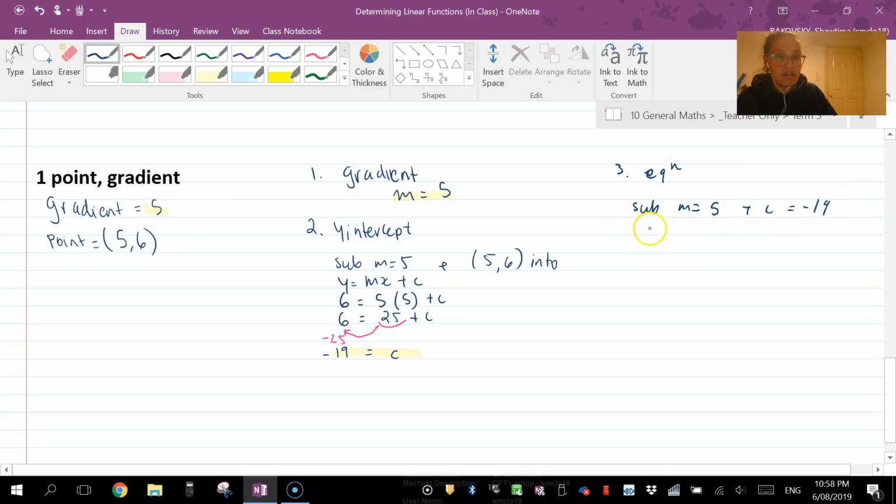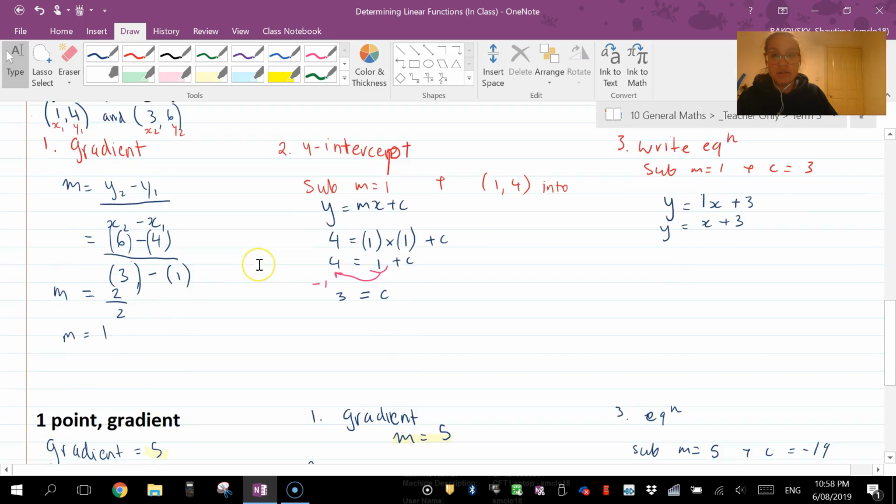And then we get y equals m is 5, x is the same, minus 19. So that is the equation for a line that has a gradient of 5 and passes through 5, 6. So that is what you need to know.